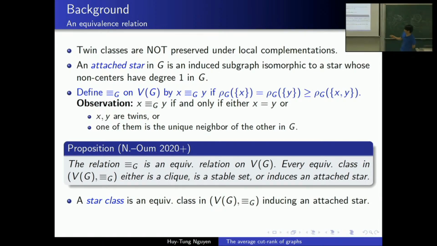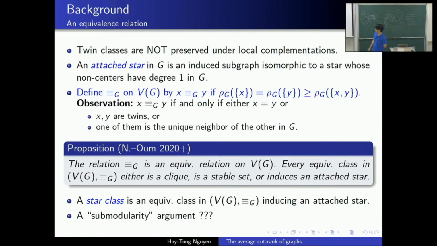And now there's a question. Somehow we need a submodularity proof for this proposition, especially for the first statement, that this relation is an equivalence relation on V(G). By submodularity, I mean the submodularity of the cut rank function.